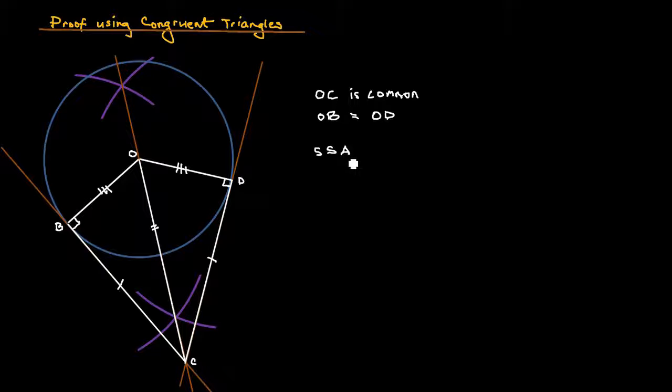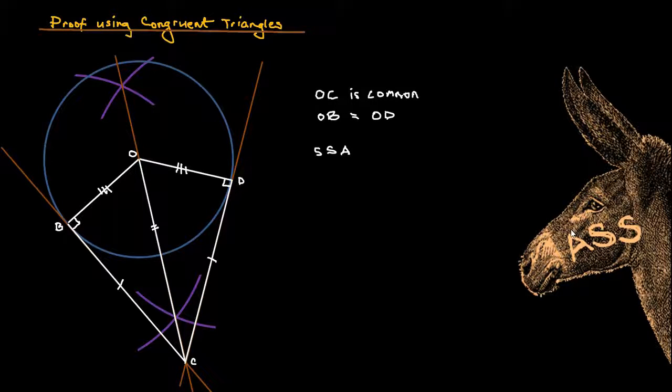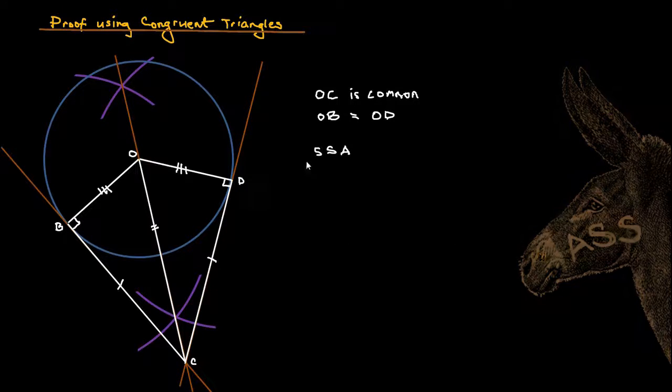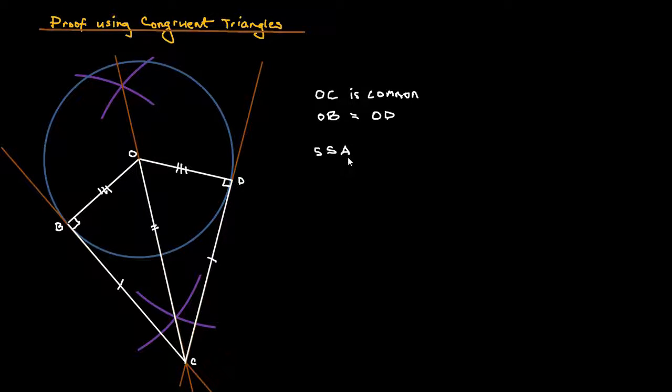And a little tip here is, if you read it backwards, ASS, you've got ass. And people say that you're an ass if you think that SSA gives you congruence. So we can't have SSA, and that's the exception to this rule, that you need these three properties. So we need to remember that one, and we need to look for an alternative proof.